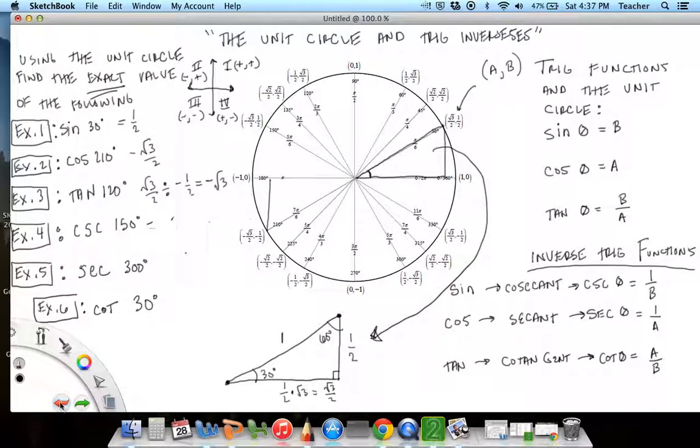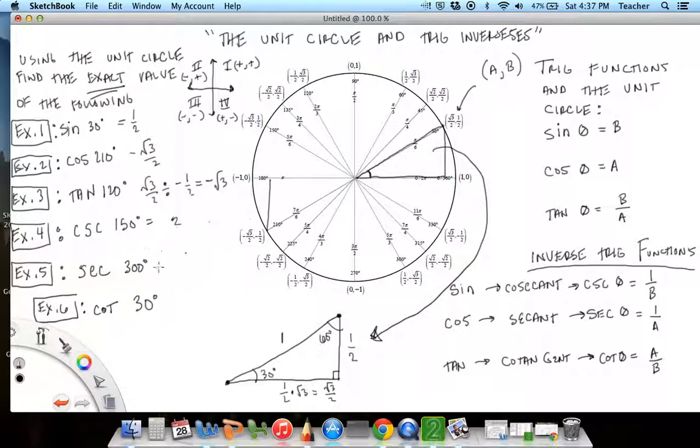No. All right, I apologize. This happens. The cosecant refers to the sine function, which is b, not a. I apologize. And so our value here is 2. So the inverse of the sine function at 150 is equal to 2.